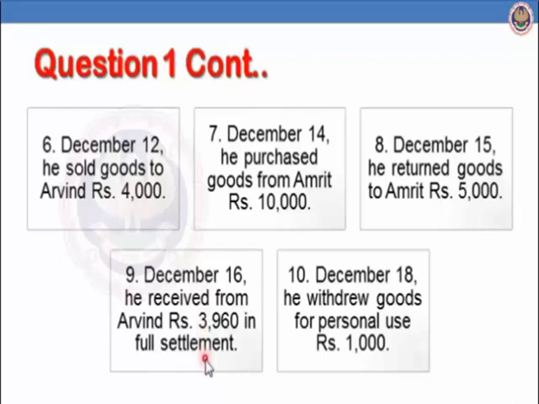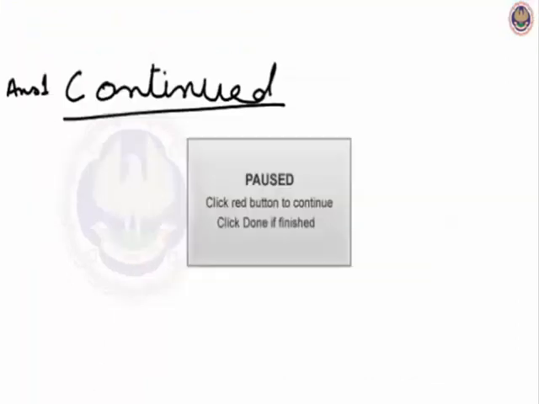So amount is received from Arvind rupees 3960 in full settlement, because on December 12th we sold goods to Arvind for 4,000 and we are receiving 3960, so it's obvious that 40 rupees is the discount. On December 18th, he withdrew goods for personal use, rupees 1,000.